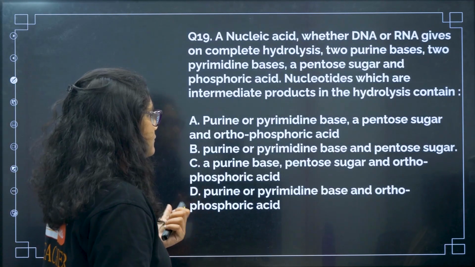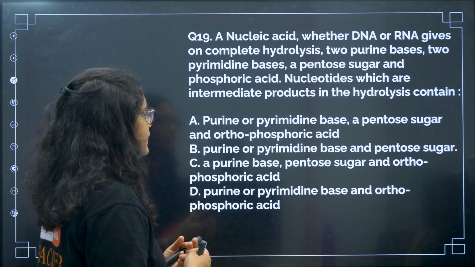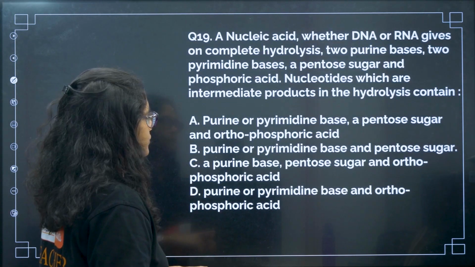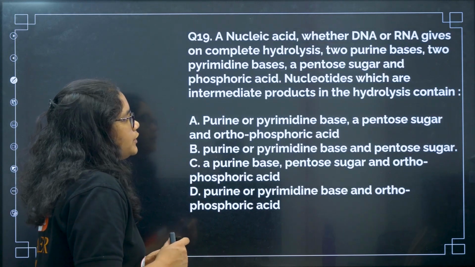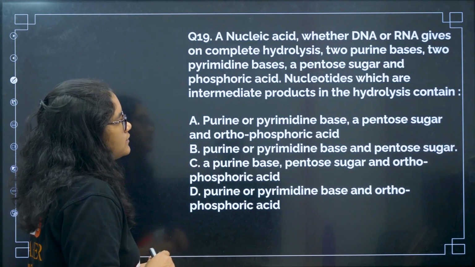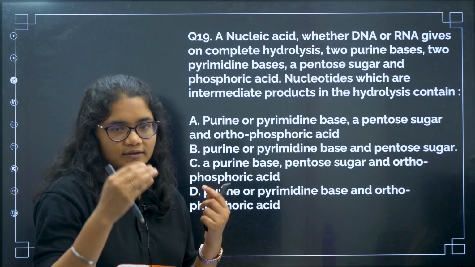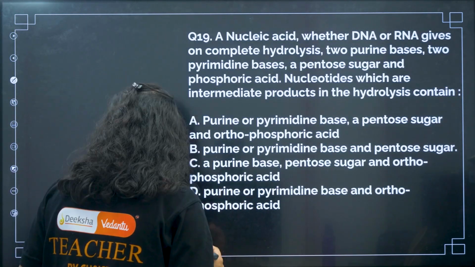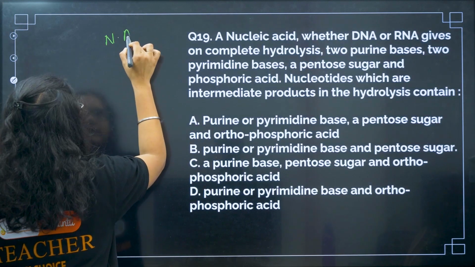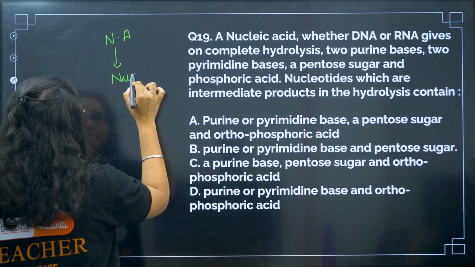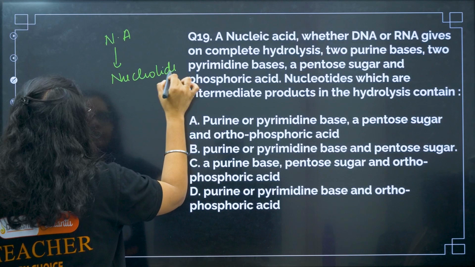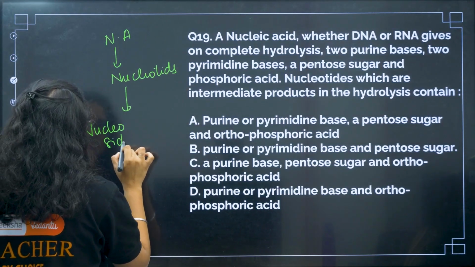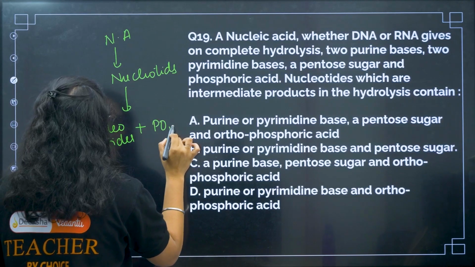Okay. Now coming to question number 19. A nucleic acid, whether DNA or RNA, on complete hydrolysis gives 2 purine bases, 2 pyrimidine bases, a pentose sugar and a phosphoric acid. Now nucleotides, which are immediate products in the hydrolysis, contain? So you know the hierarchy is like this. Nucleic acid is made up of nucleotides. Nucleotides are made up of nucleosides plus a phosphate group, right?